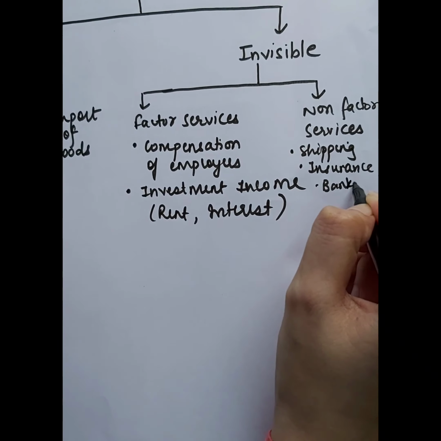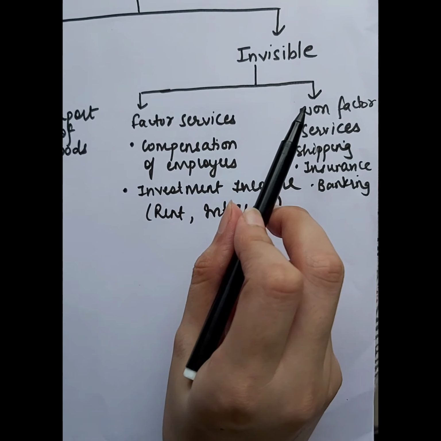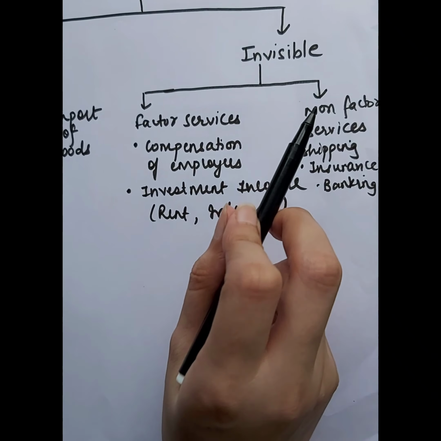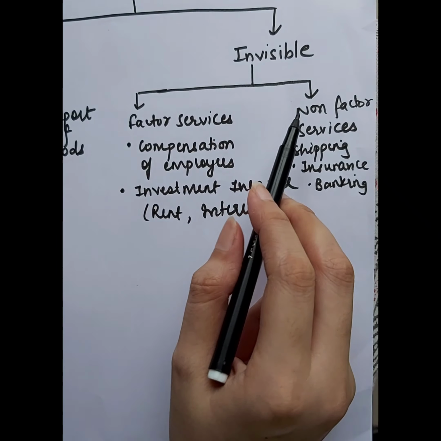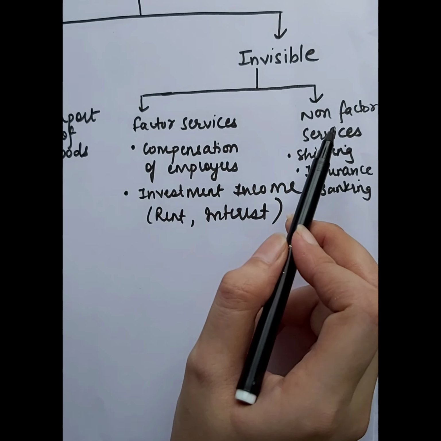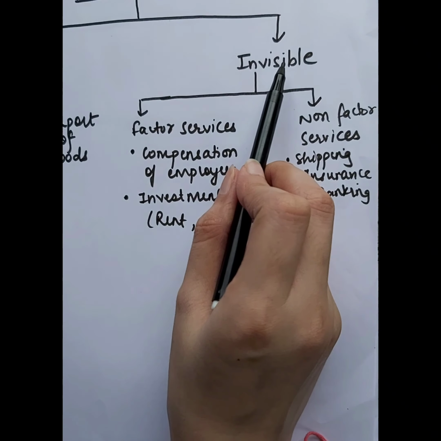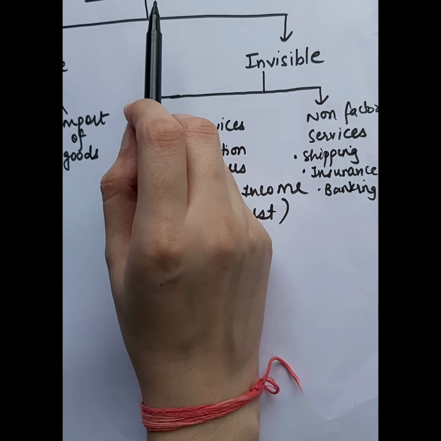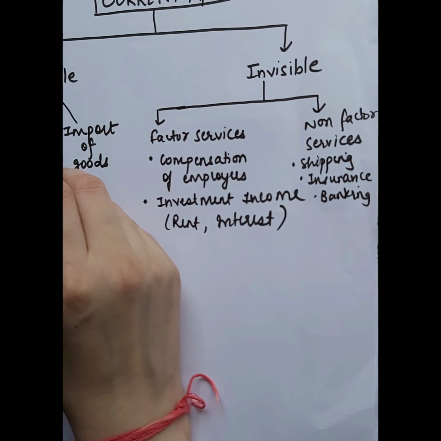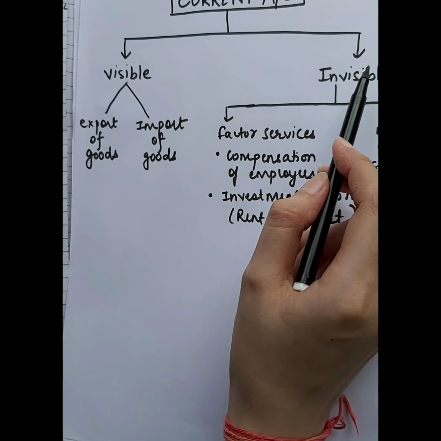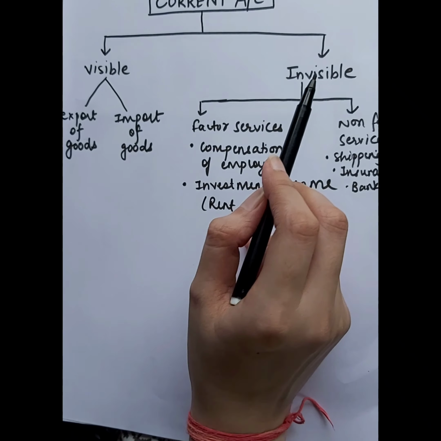These are called non-factor services because they are not related to the four factors of production, which are land, labor, capital and entrepreneurship. So these were some examples of factor services and non-factor services, which are part of the invisible category of current account. Till now we discussed that current account is divided into two parts, visible and invisible. Visible, the things that we can see; invisible, the things that we cannot see.